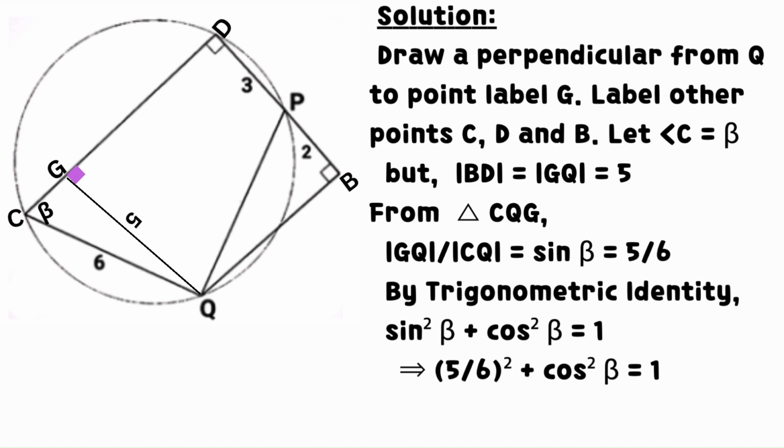From triangle CQG, the ratio of GQ to CQ equals sine beta, which equals 5 divided by 6. By trigonometric identity, we can find the value of the square of cosine beta as shown on the screen.